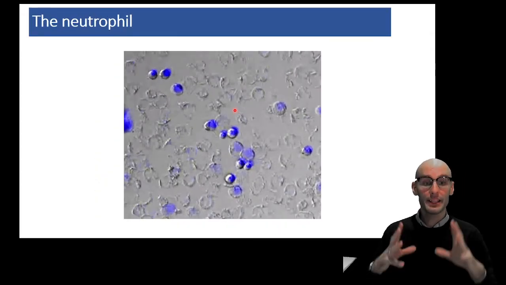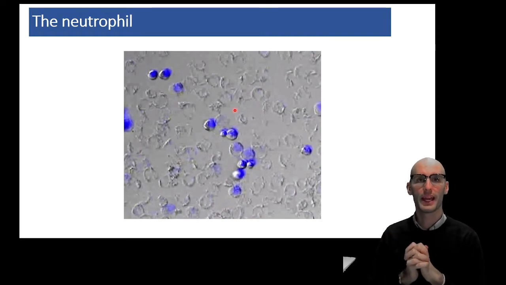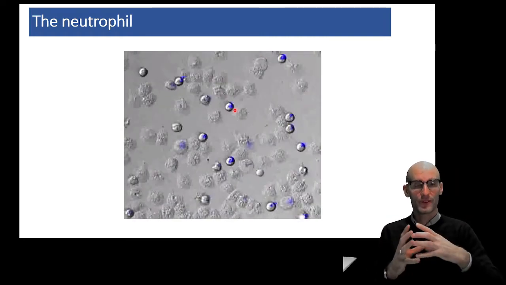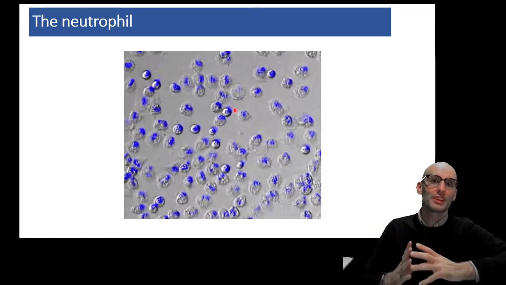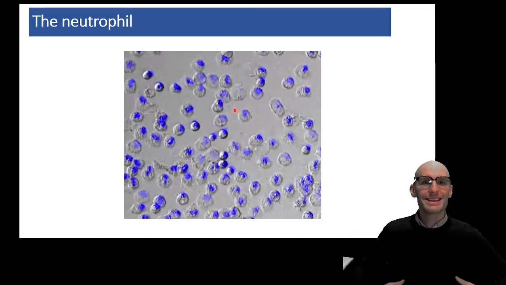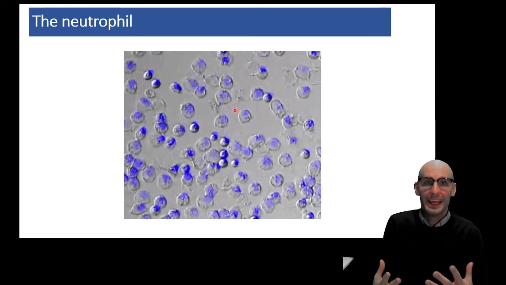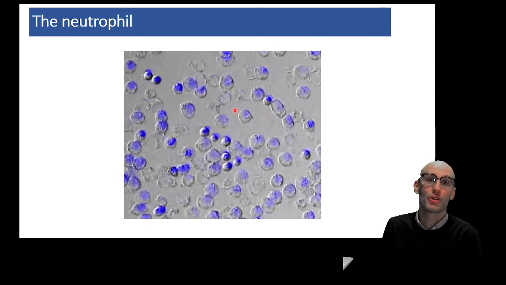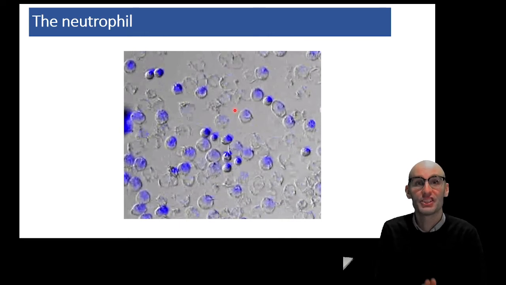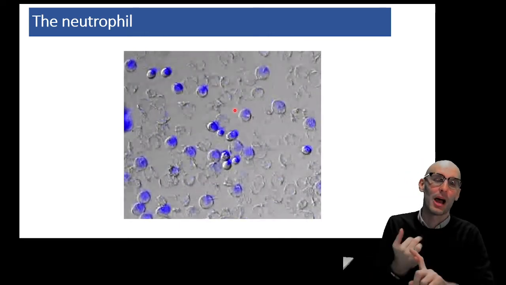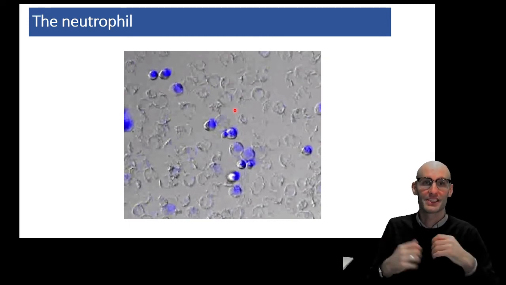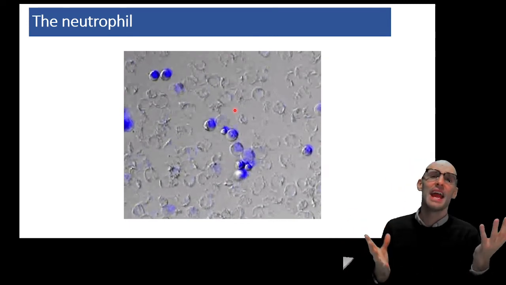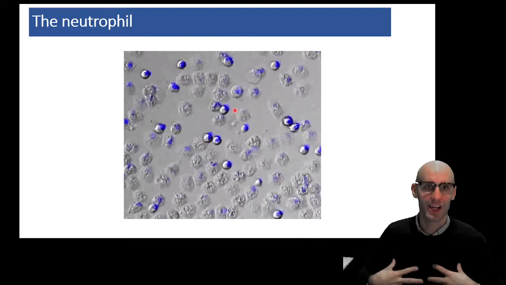NETosis is a process where the granules in the neutrophil, instead of fusing with the cell membrane and releasing their content, fuse with the nuclear membrane and infuse their DNA with those bactericidal proteins, those pathogen-killing proteins like myeloperoxidase and neutrophil elastase. So instead of MPO and neutrophil elastase going out into the extracellular space, they fuse with the DNA of the neutrophil.